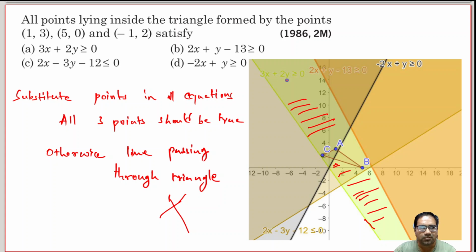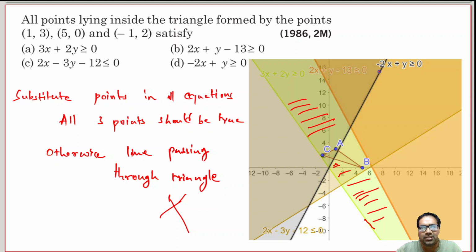For example, if you substitute (1, 1), then 3 into 1 plus 2 into 1, that is 3 plus 2 is 5, which is greater than or equal to 0. So that means the statement is true. That means we are talking about the region in which (1, 1) is lying. (1, 1) is lying on the right side of this straight line. So that's why we're talking about the right side region of this straight line, right?